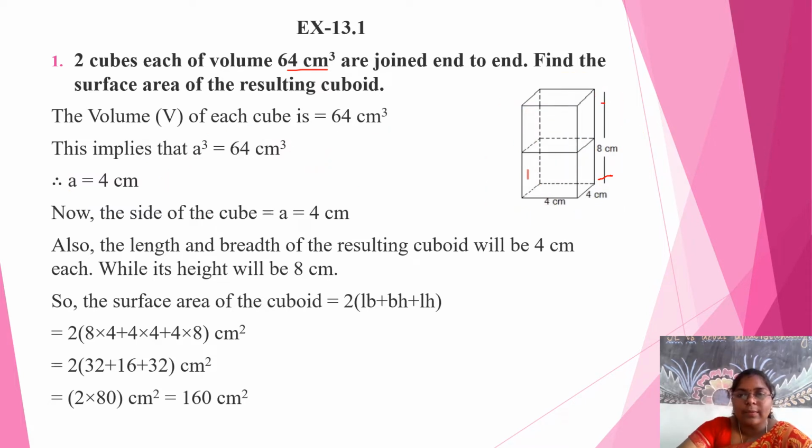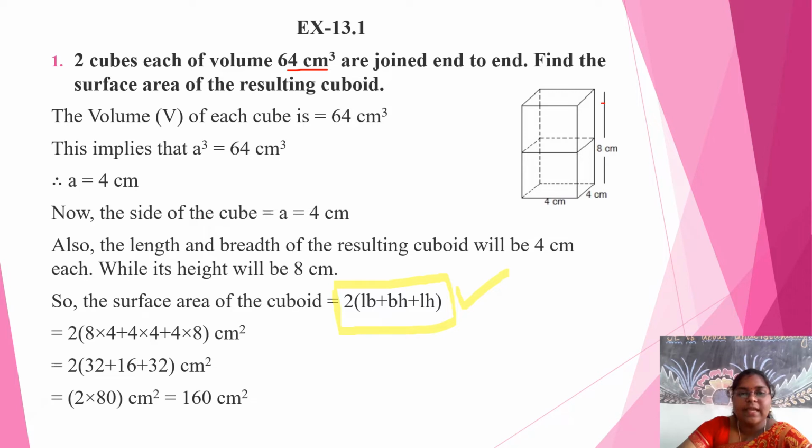What is our formula? 2 into (LB plus BH plus HL). So this is our formula to find the surface area. We are having every value: length, breadth, and height. So we are going to substitute every value.